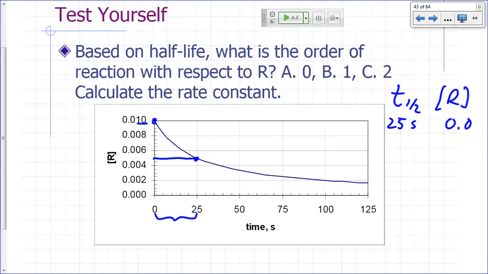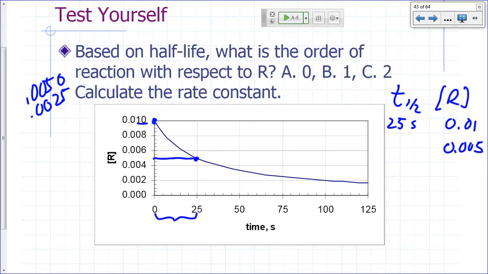Now when my concentration of R is 0.005, let's write it as 0.0050. What's half of that? Half of 50 is 25, so it's going to be 0.0025.